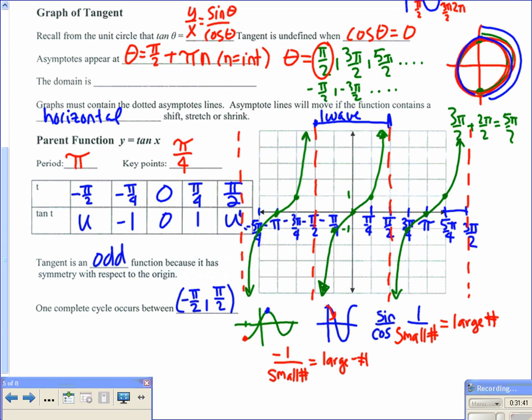So it's all real numbers, but we can't have numbers equal to pi over 2 plus pi times n, where n is an integer. For these graphs, make sure that you know what the parent functions look like. And again, those problems that we didn't get to, we'll get to in class tomorrow.